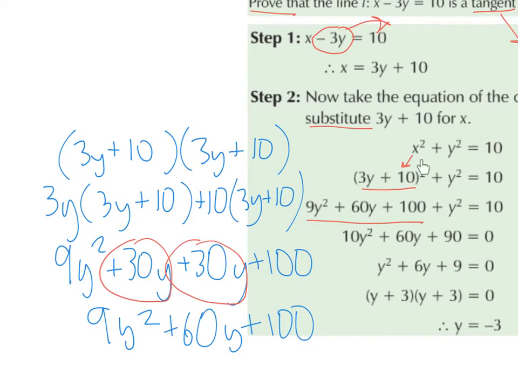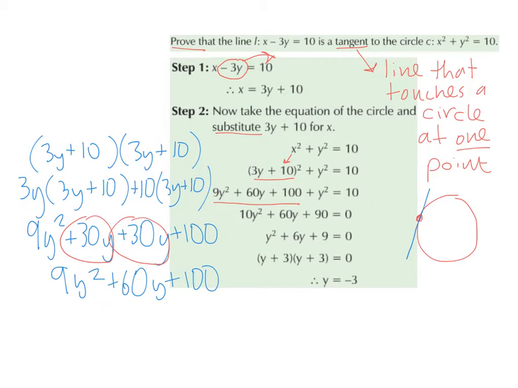So this gives us this. We bring down the plus y squared, we bring down the equals, and we bring down the 10. Next we want to simplify. So 9y squared plus y squared gives us 10y squared.